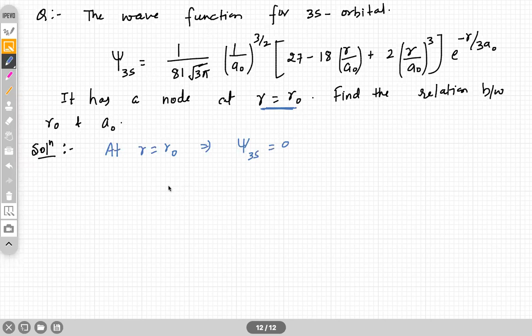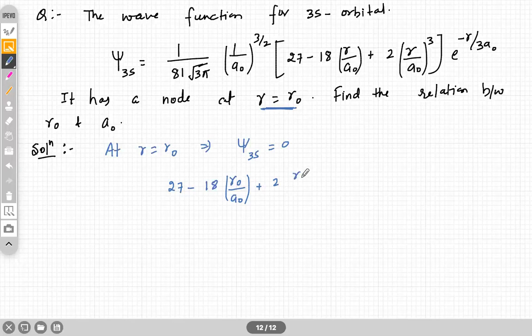So we get 27 minus 18 r naught by a naught plus 2 r naught by a naught whole square equals 0. I think there's a mistake here. It should be square, not cube.